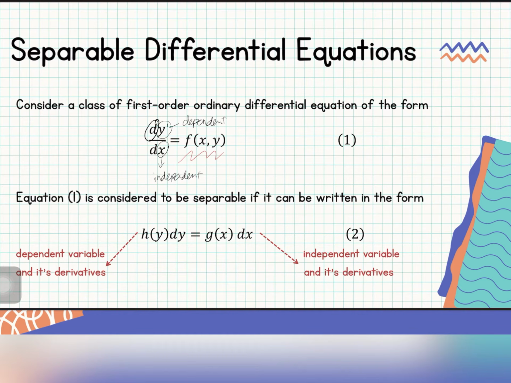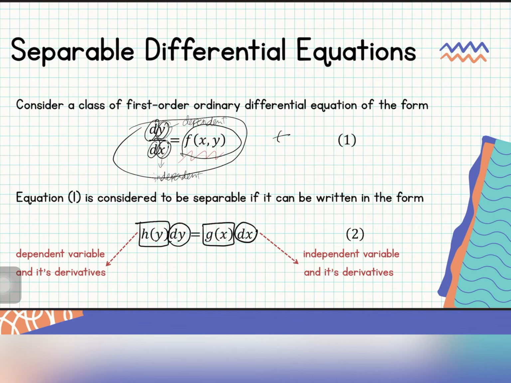And we read this as the derivative of y with respect to x, which means that all the functions here have been differentiated with respect to x. So equation 1 is considered to be separable if it can be written in the form h(y) dy equal to g(x) dx. If you can see here, the function of y with dy and the function of x with dx sit on different sides.